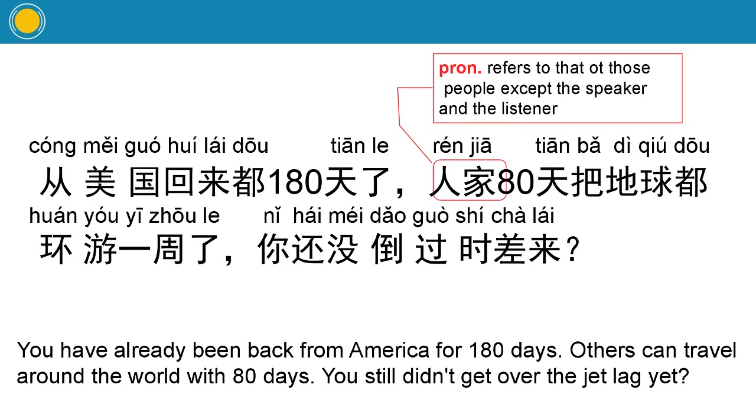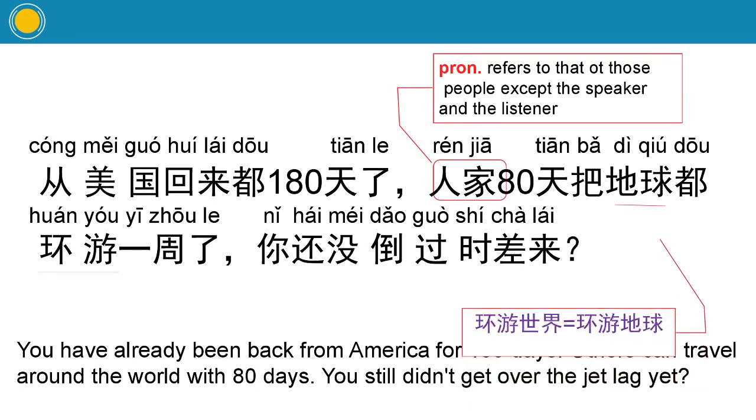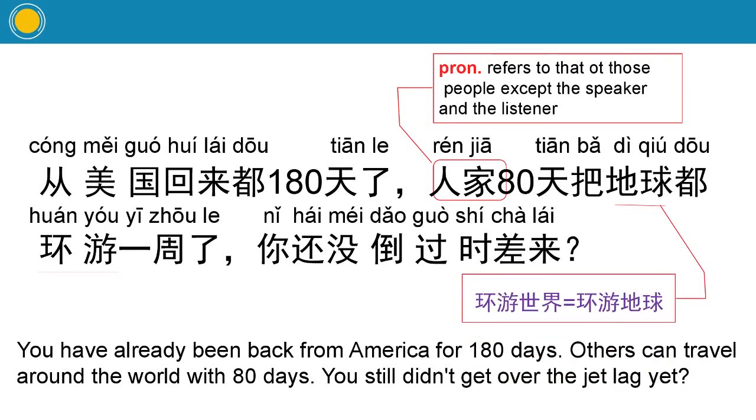Okay, and the next thing that I don't understand clearly is 地球环游. Actually, it should be 环游地球. Yes, you're right.